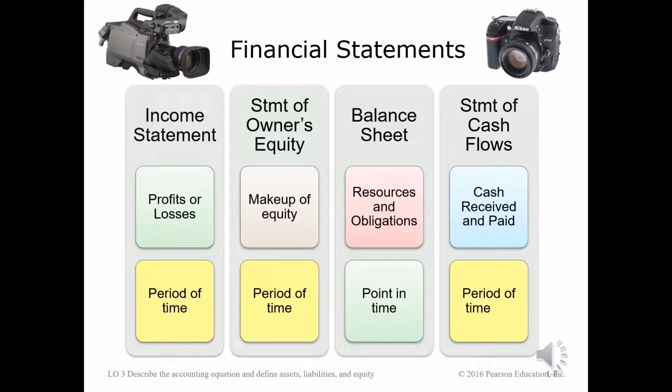And the statement of cash flows is probably most often for a month or a quarter or even a year. The balance sheet is a single point in time. That means we don't see a period's activity within the balance sheet. We see what we have and what we owe at a specific point in time, such as December 31, 2000.